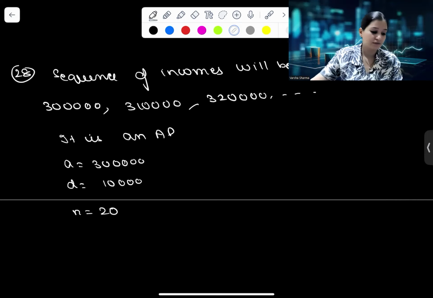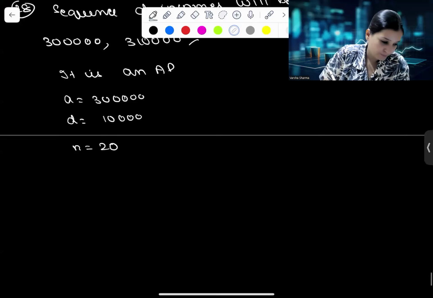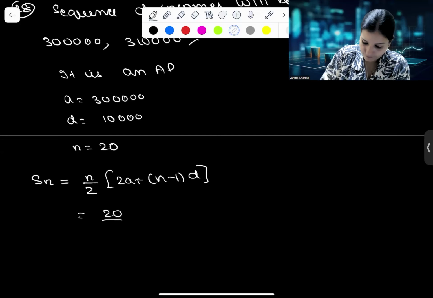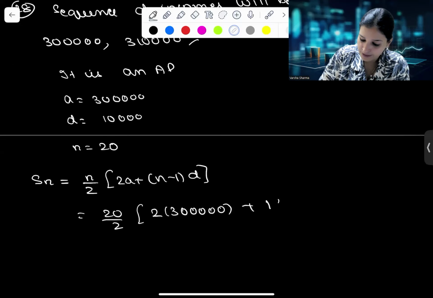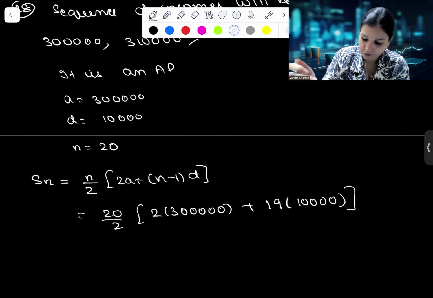And what do we need to find? Sn. Please do that. Find Sn. N by 2 into 2a plus n minus 1 into d, so 2 into 3 lakh plus 19 into d.